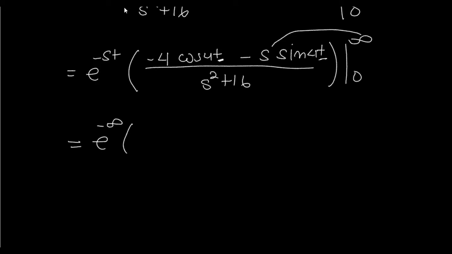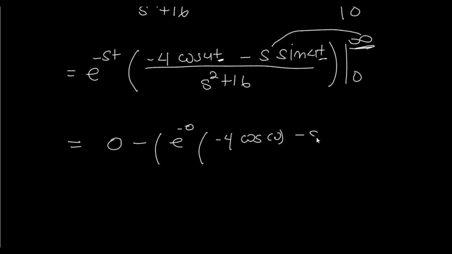So, alam natin na magiging 0 to pag in-evaluate natin sa upper bound minus evaluate natin sa 0. So, e to the negative 0, alam naman natin na 1 yan. So, ano pa? Negative 4 cosine 0 minus s sine 0 over s squared plus 16.